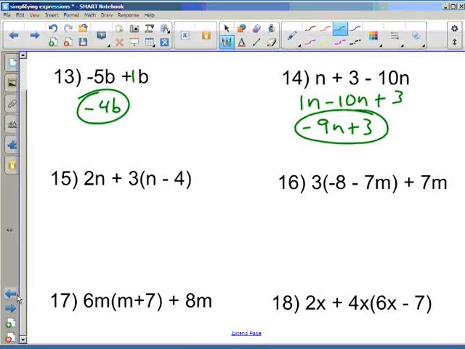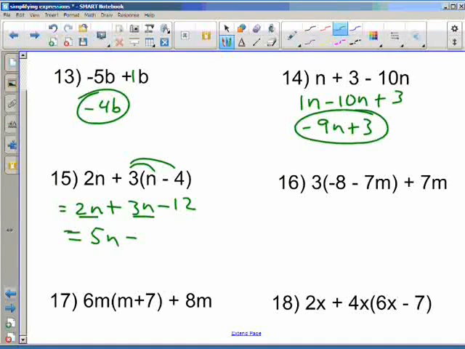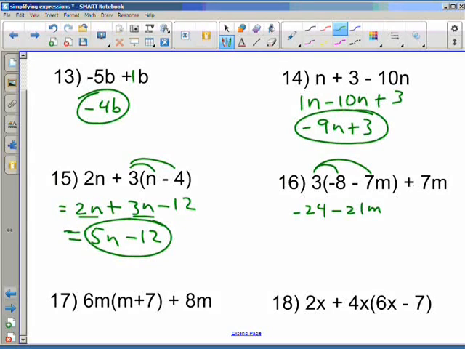Okay, we're going to distribute the 3. 3 times n is 3n, minus 3 times 4 is 12. These are like terms. 3 plus 2 is 5n minus 12. Come over here again, distribute, negative 24 minus 21m, and then just bring down the plus 7m.